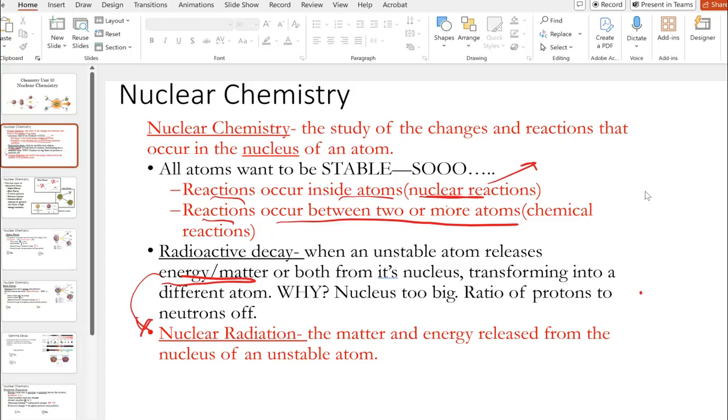Energy, we're talking gamma rays. If you remember, gamma rays are part of the electromagnetic spectrum. That's the highest energy in the electromagnetic spectrum, smallest wavelength, highest frequency. So nuclear radiation is matter that is leaving or changing in the nucleus and energy that's being released.